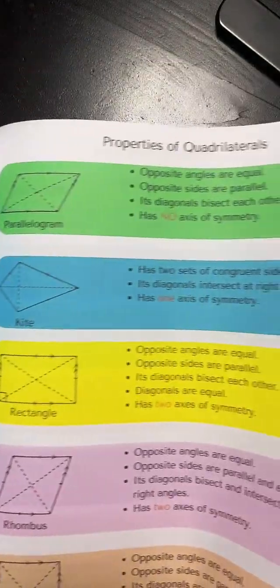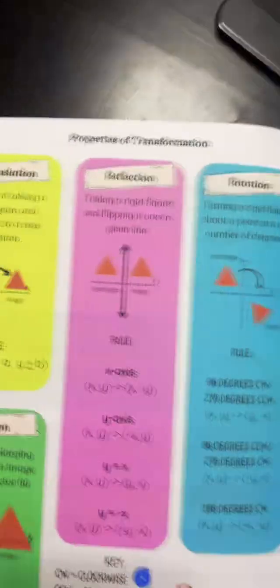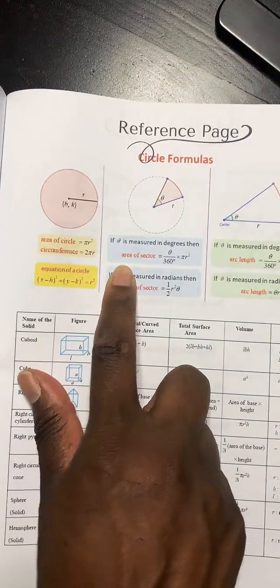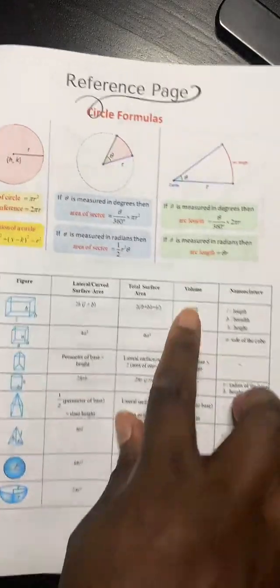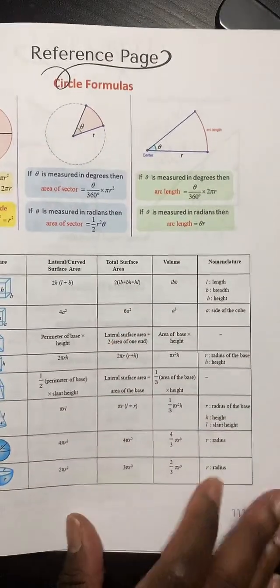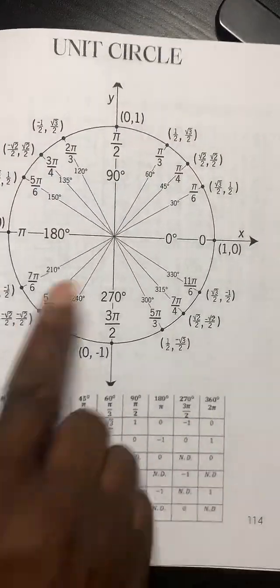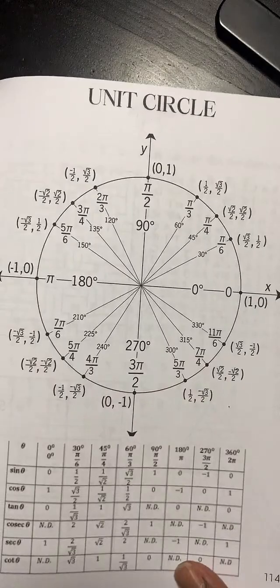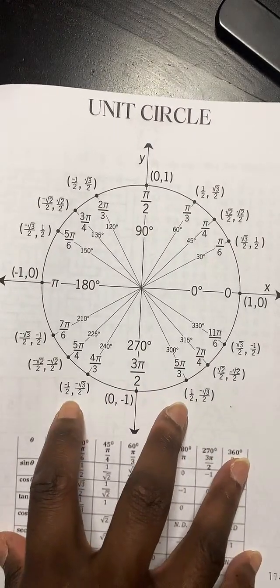Then we have our properties of quadrilaterals, the properties of transformations, area and perimeter, looking at the area of the sector and arc length, as well as volume and surface area. And then the unit circle for my Algebra 2 up to pre-calc kids. They've been doing a little bit more introduction.